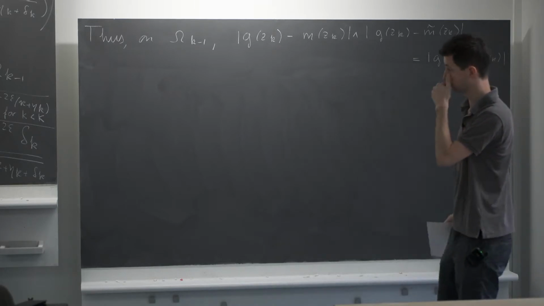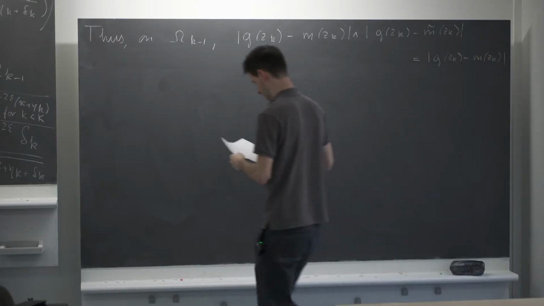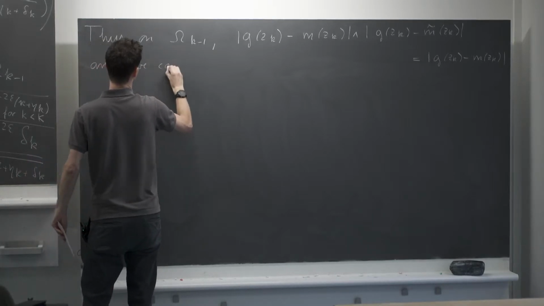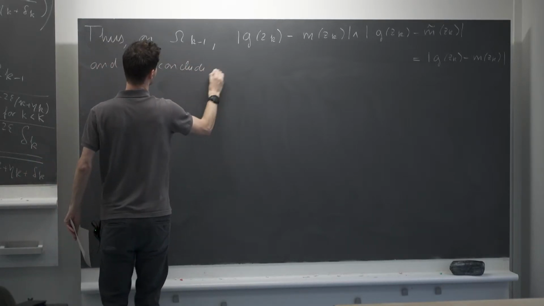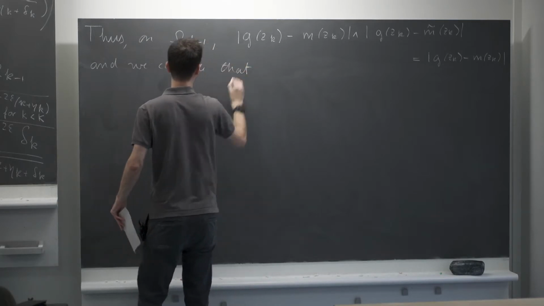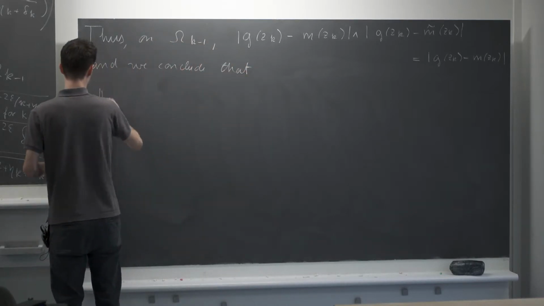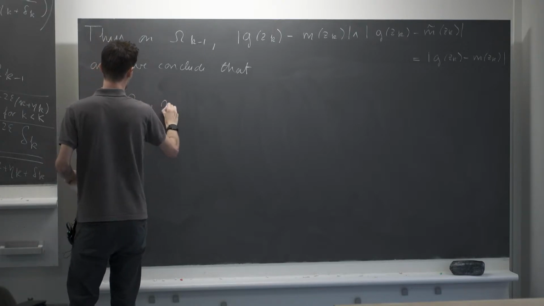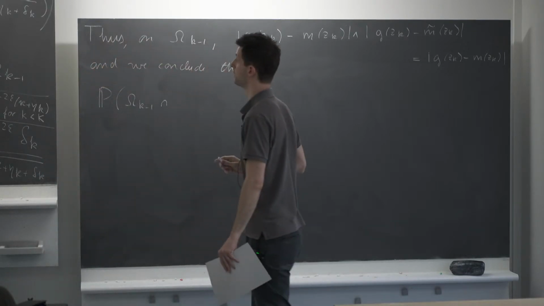I cannot be close to m tilde, and we conclude that if we are on omega k minus 1, we also have to be on xi k minus 1.